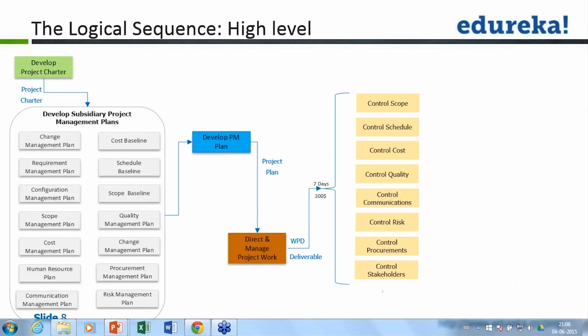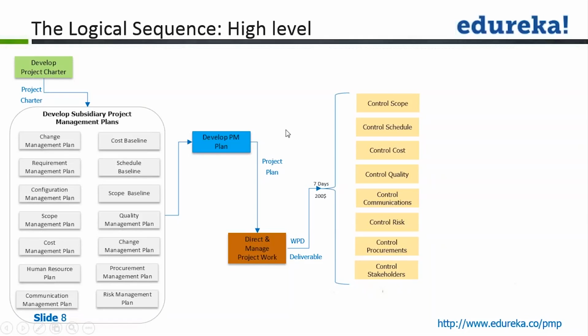So it was supposed to be completed in 5 days, but it has taken 7 days. There is a negative duration variance of 2 days. That will be called your work performance information.